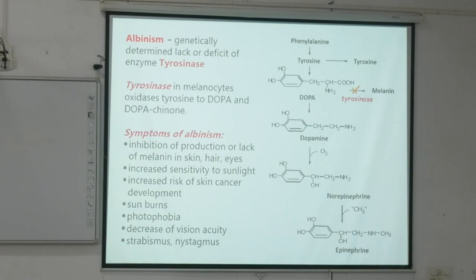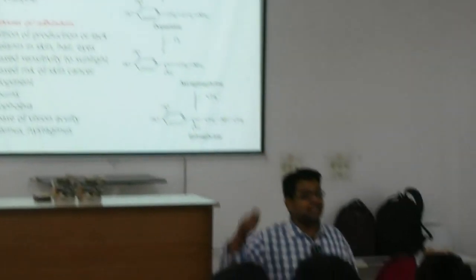Why is this pigment production important? What role does it play? Why did nature take such pains to make such a cumbersome pathway? So that it could make your lives difficult? Of course not. So there must have been a reason. What's the reason? Yes, UV protection.